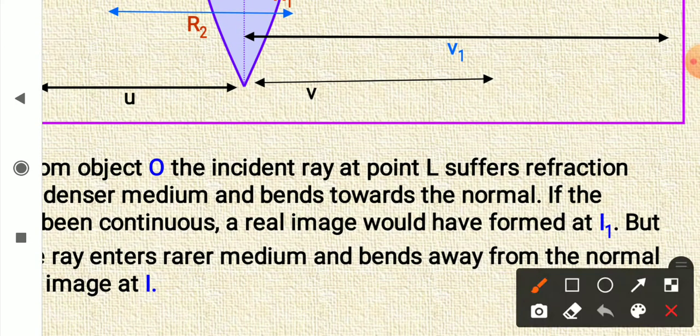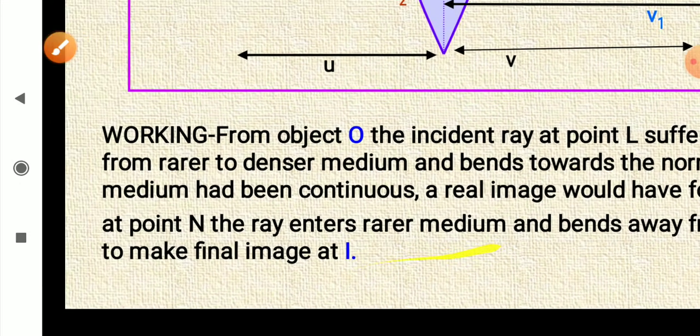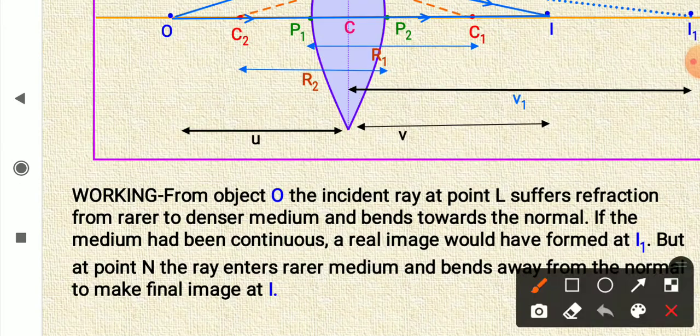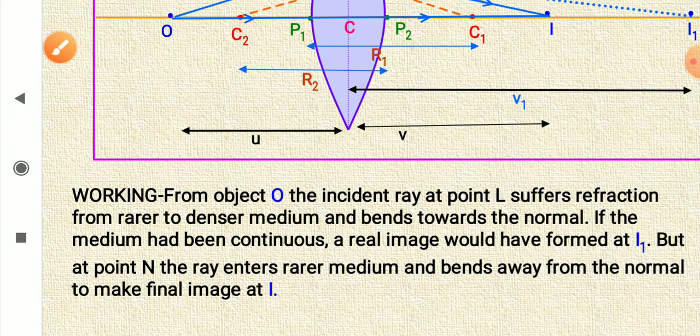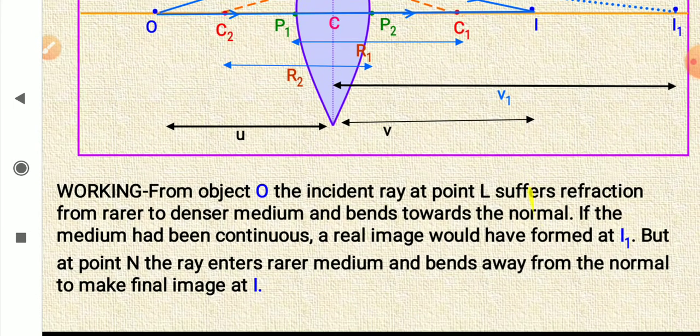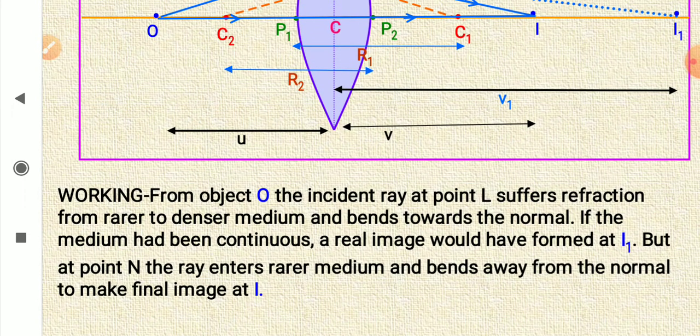Now, if the medium had been continuous, a real image would have formed at point I1, but at point N, the ray enters rarer medium from denser medium and bends away from the normal to make a final real image at I. Final real image at I. So that is the working of this thin lens.